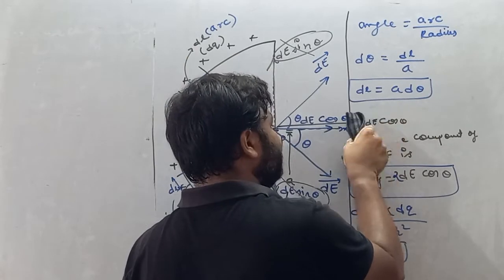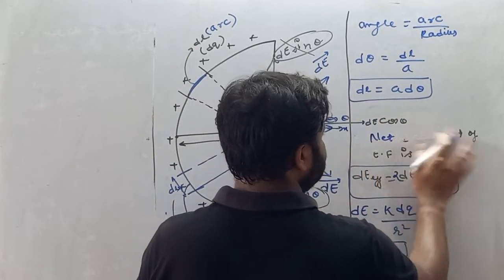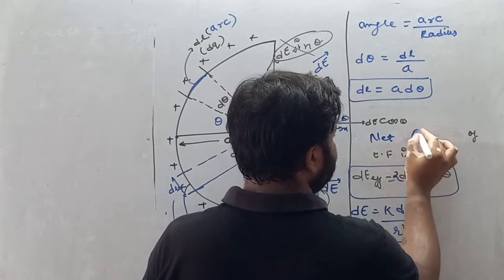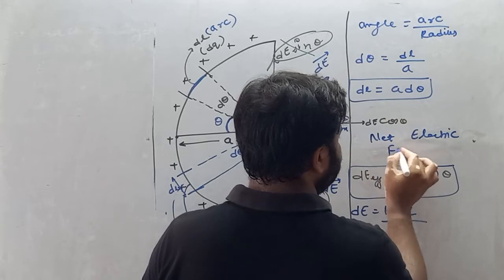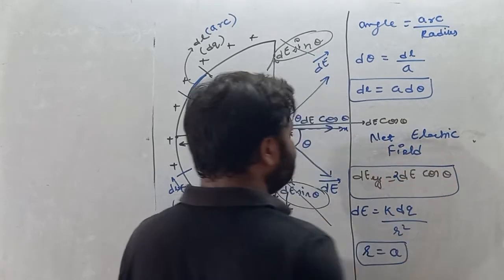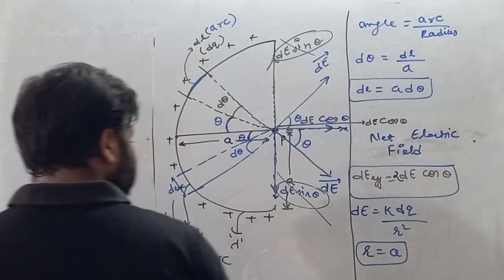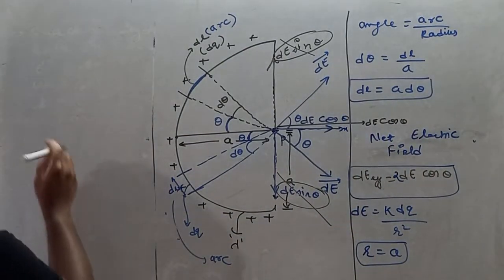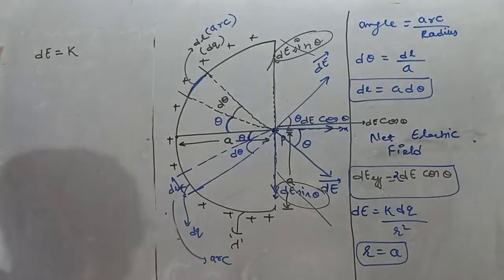Instead of effective, I'll write net electric field: 2 dE cos theta. So instead of R, we'll write a. So dE is equal to K dQ.